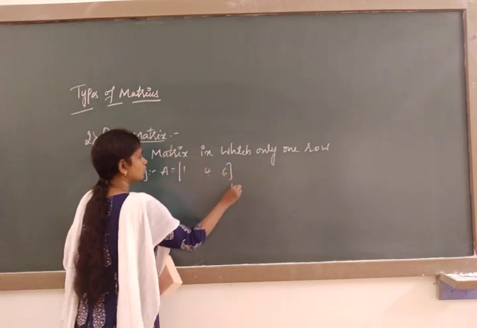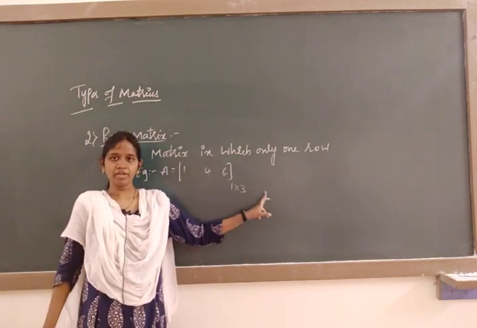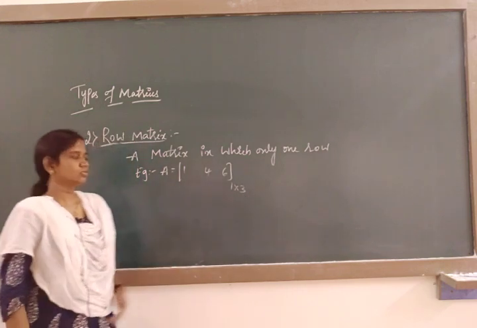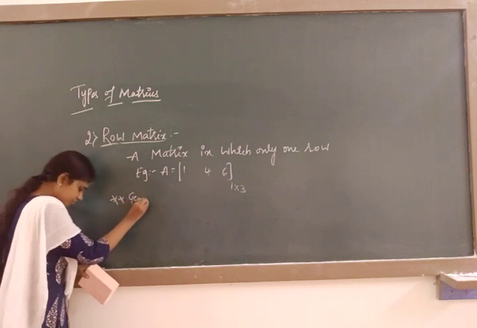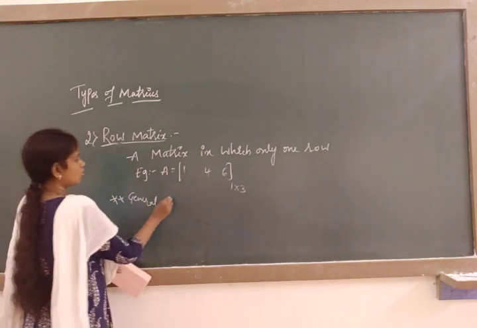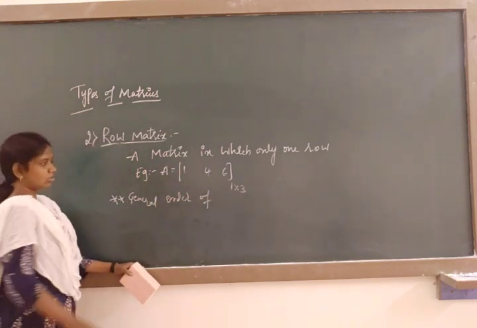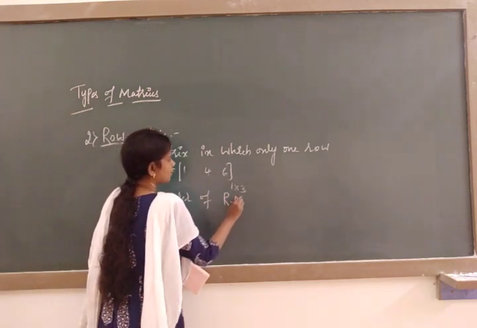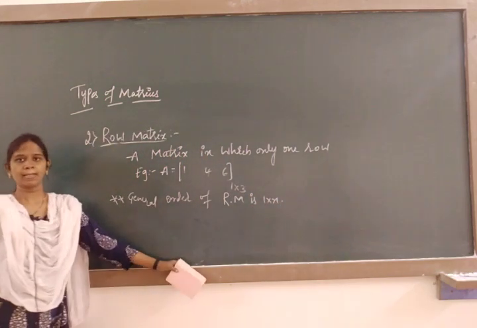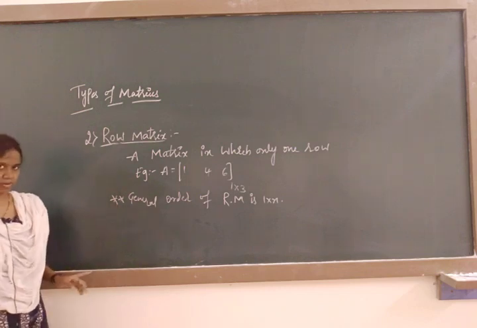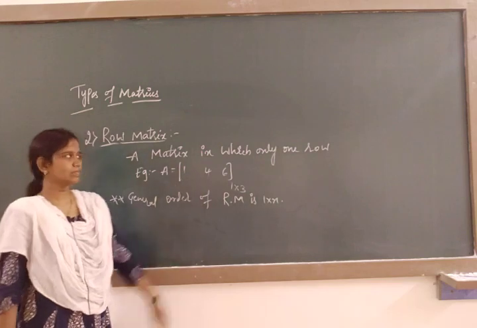What is the order? 1 cross 3. Here the number of columns may be 3, 4, 5, 6, or n. So generally the order of a row matrix is 1 cross n. This is important, so I have given this star mark for your competitive exam. The general order of a row matrix is 1 cross n.